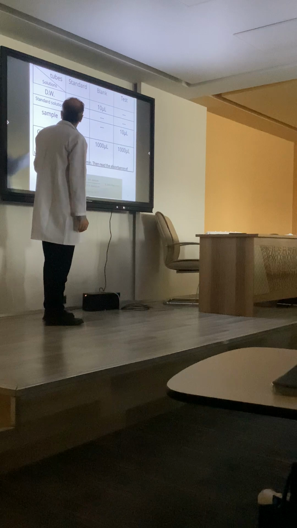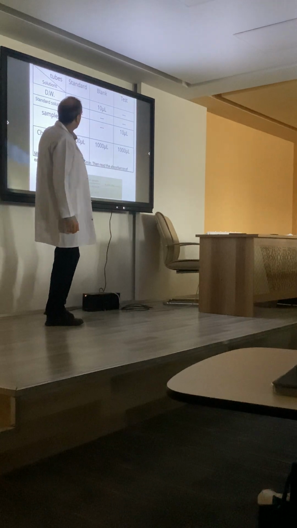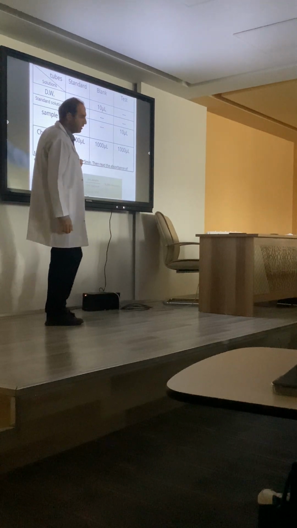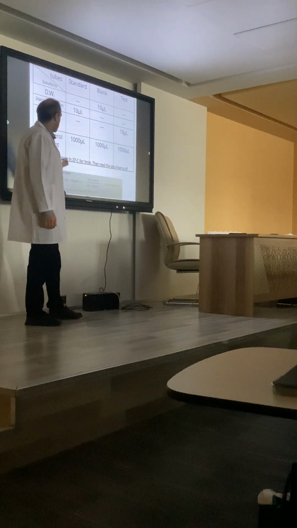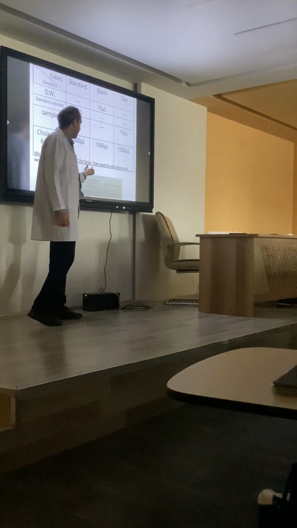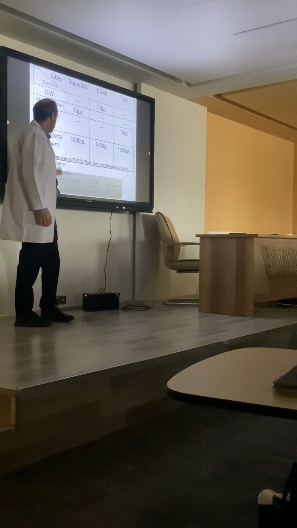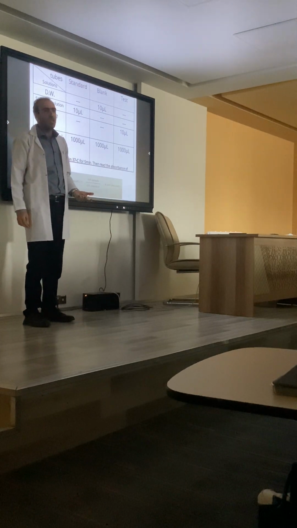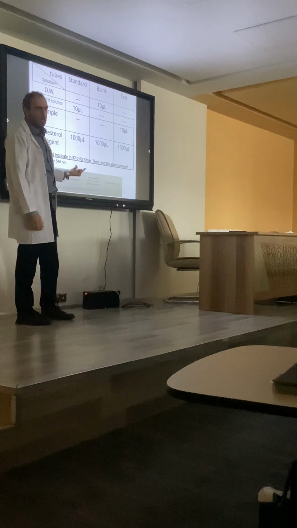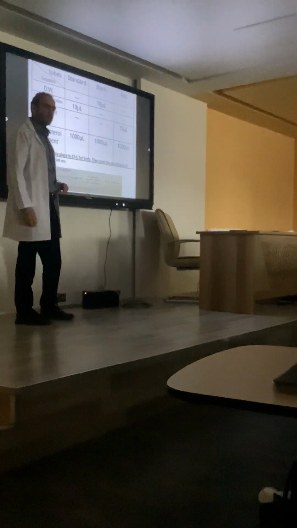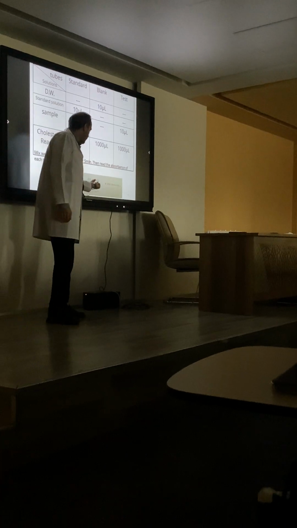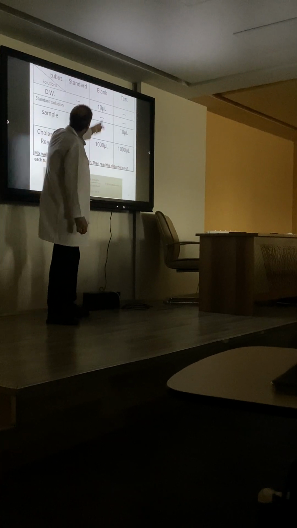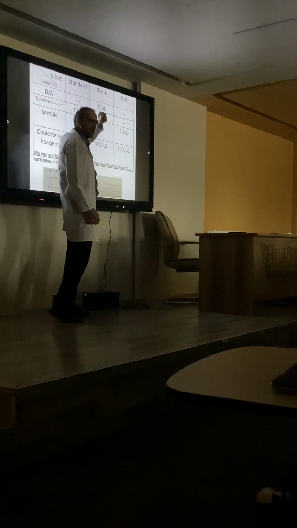Then you add the cholesterol reagent, 1000 microliter or 1 ml, to all of them. Incubate at 37 for 5 minutes or at room temperature for 10 minutes, and measure the absorbance at 546.